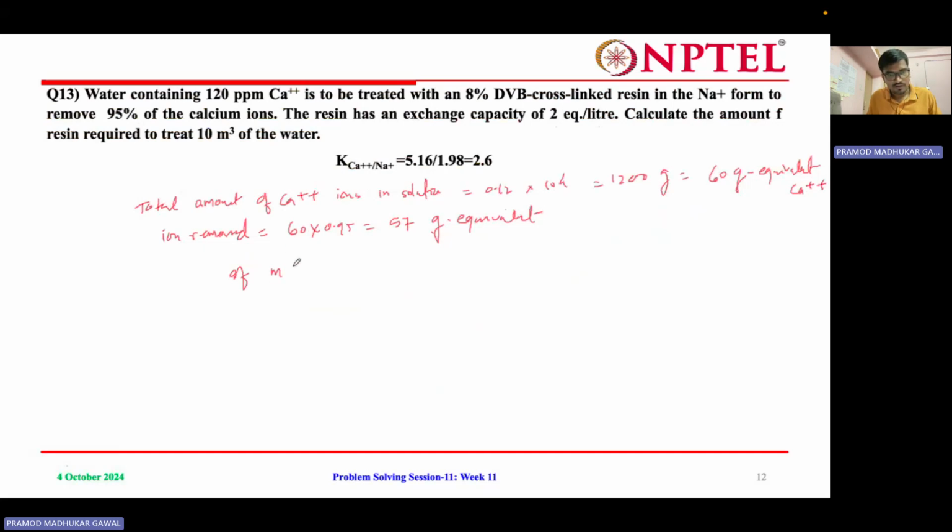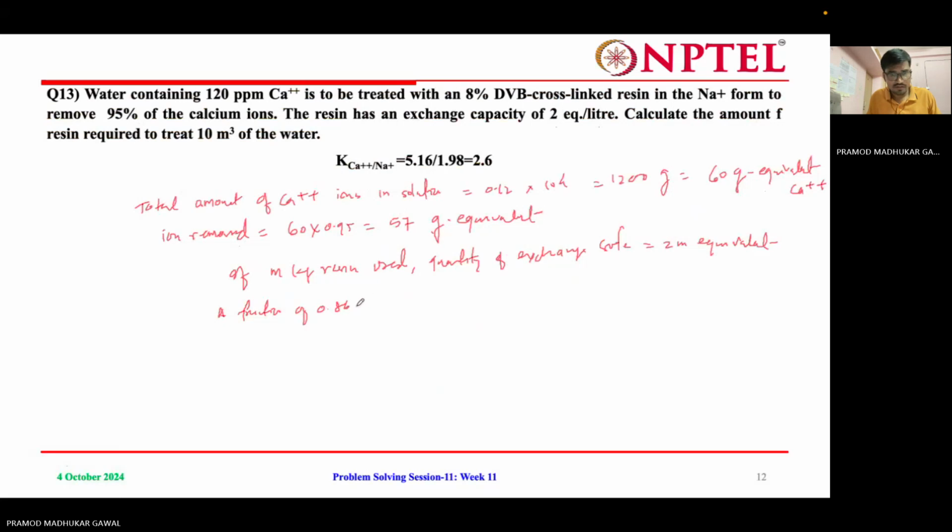If m kg is the resin used, the quantity of exchange sites is 2m equivalents. So the fraction 0.8657 of the exchange sites is now occupied by Ca2+ ions.